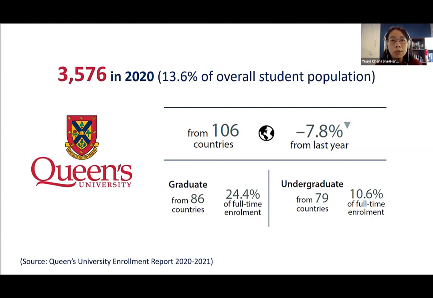In 2019, we had over 3,800 international students, and they were from over 120 countries. And the number in 2019 was about 15.4% of the overall student population. So this is how many we have in the year of 2020.